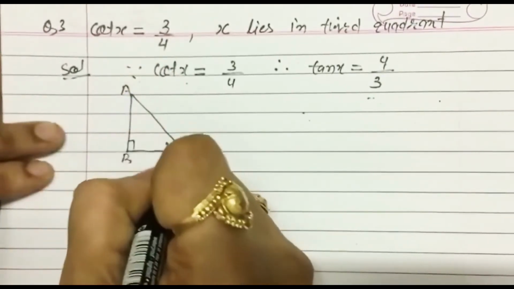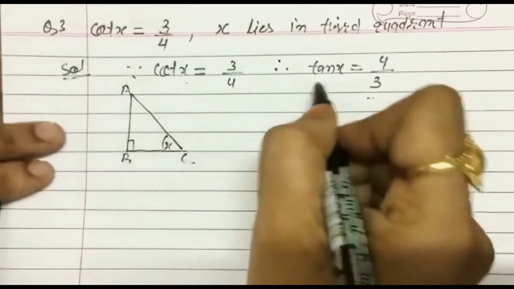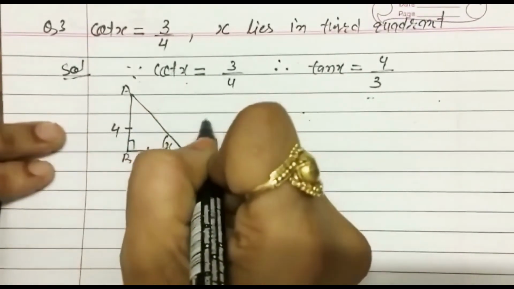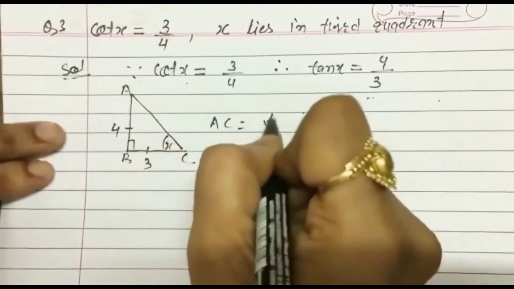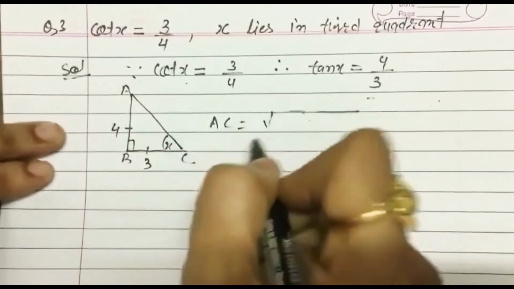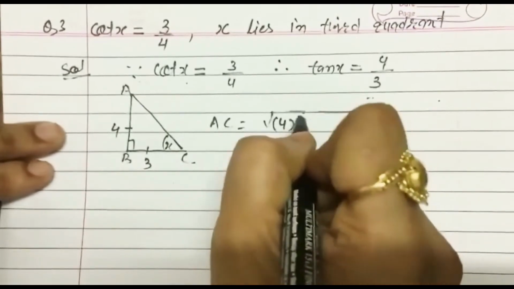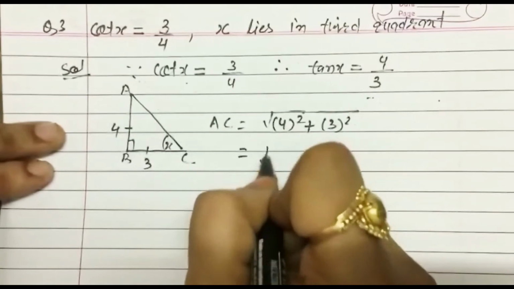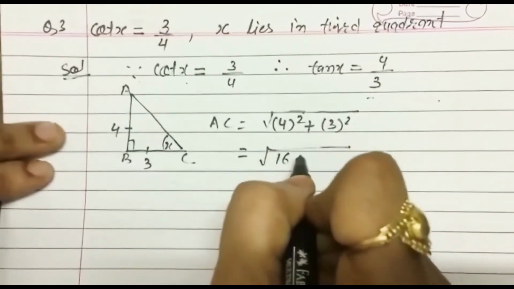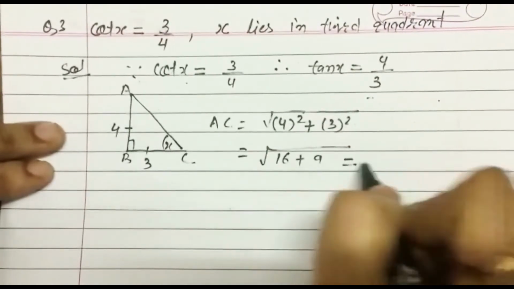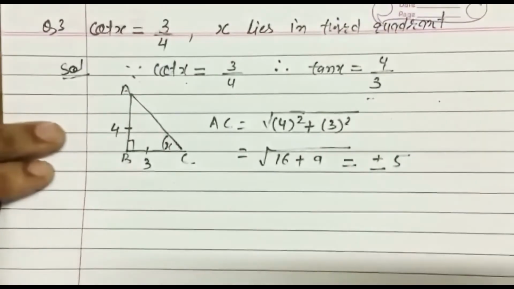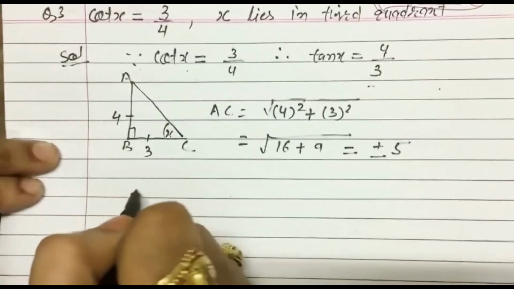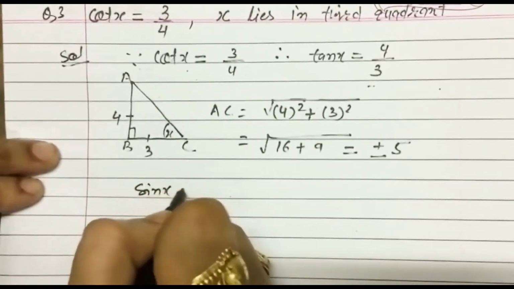Here it's x. Tan x is perpendicular by base. So first find AC, the hypotenuse. It is 4 square plus 3 square. Everyone knows Pythagoras. Here it's 16 plus 9, which is 25. So plus minus 5.